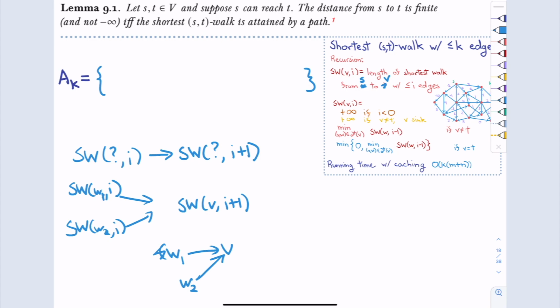So what I'm doing is introducing A sub k to keep track of the vertices whose distances go down. These are the vertices that in the kth round, the distance from S to v goes down.